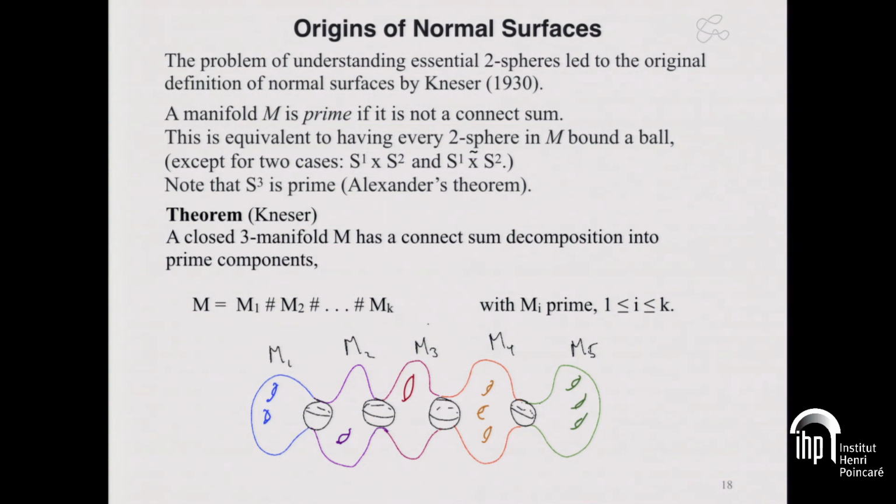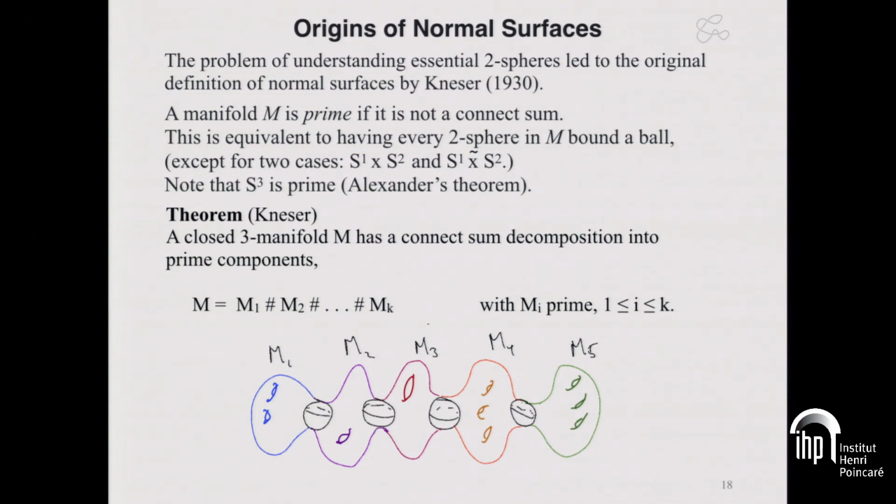But the question arose, and it's not so obvious, how do you know you can't take a 3-manifold like the 3-torus and somehow put a sphere in it and cut it up into 2 pieces, and then each of them can be cut up into 2 more pieces along spheres, always in a non-trivial way. If you take a 2-sphere that bounds a 3-ball and try to do this connect sum, you'll just get the original manifold back again.